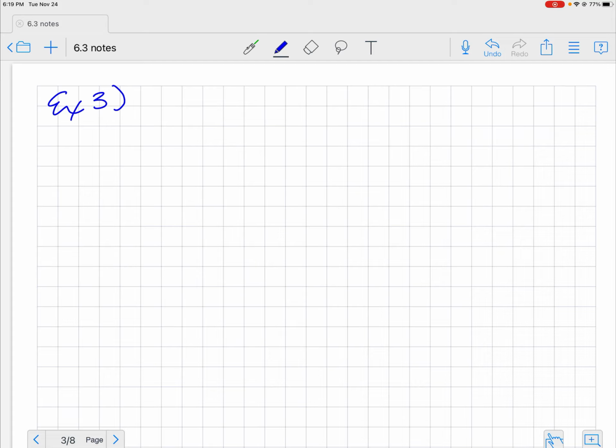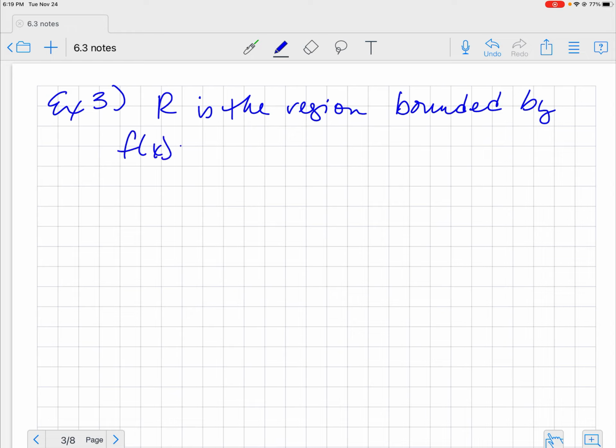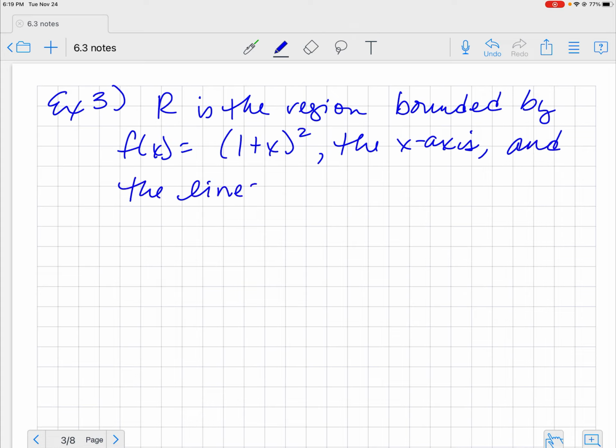Okay, so here we are. R is the region bounded by f of x is equal to (1 plus x) squared, the x-axis, and the lines x equals 0 and x equals 2.